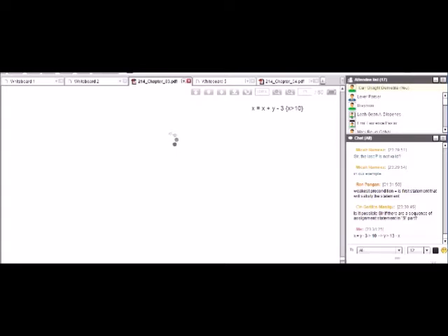If x is greater than 10, x can be 10.0001, or 10.000002. So it's not only limited to integers, but includes whatever real values greater than that value.